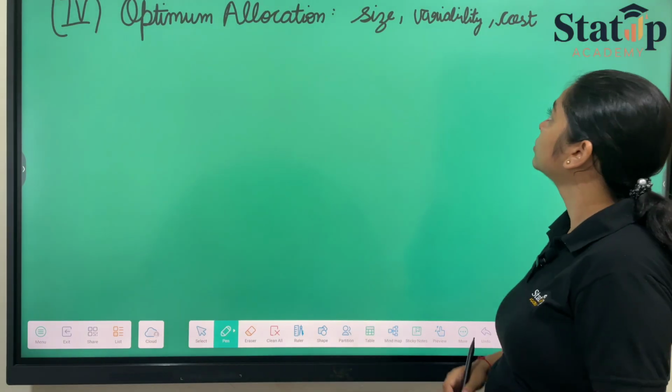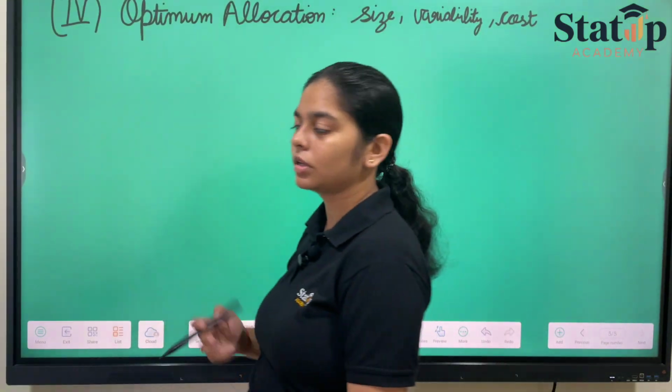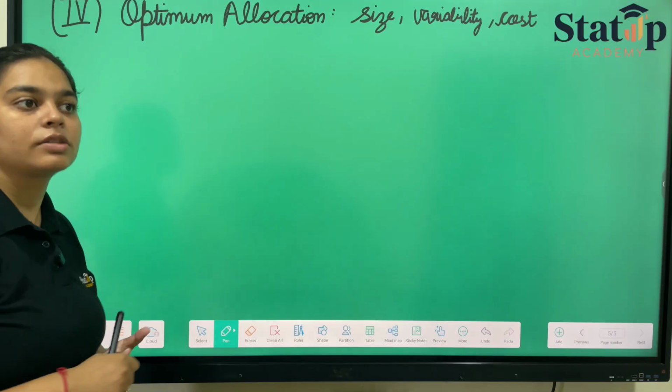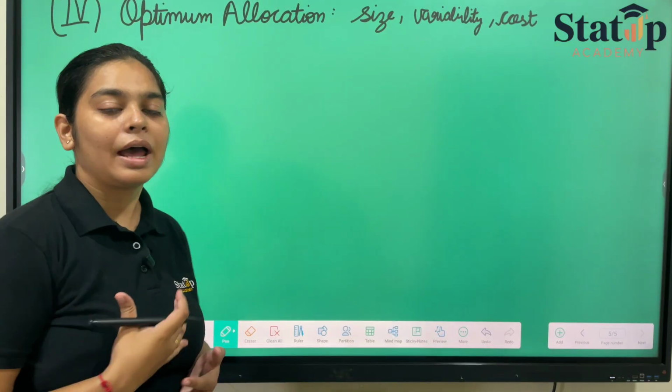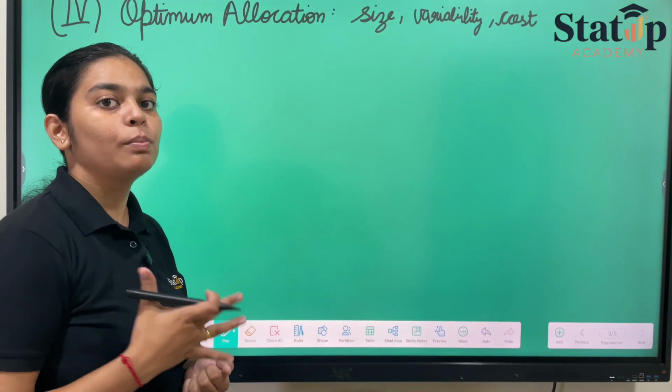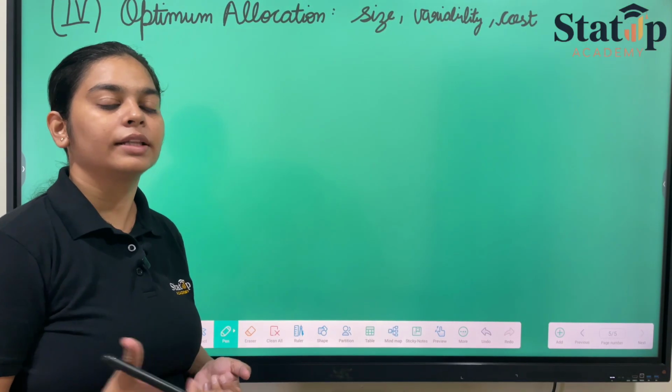Size and variability, I've told you. Now cost. We have to minimize the cost and the manpower as well, but here we are talking about only cost. So we have to minimize the cost in order to take the sample.